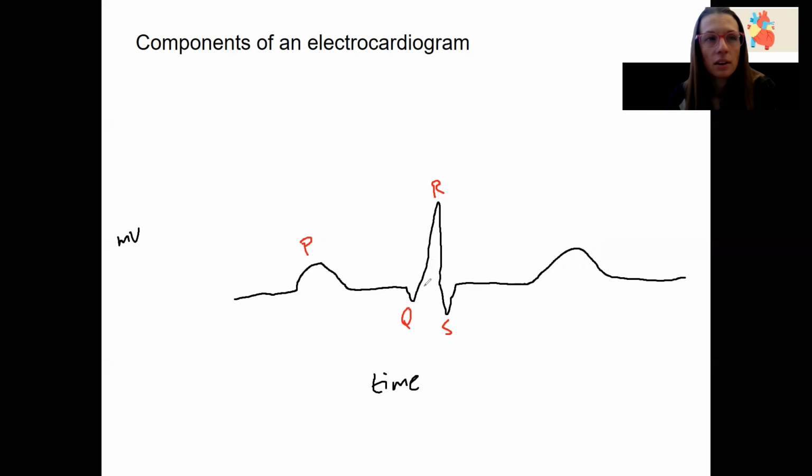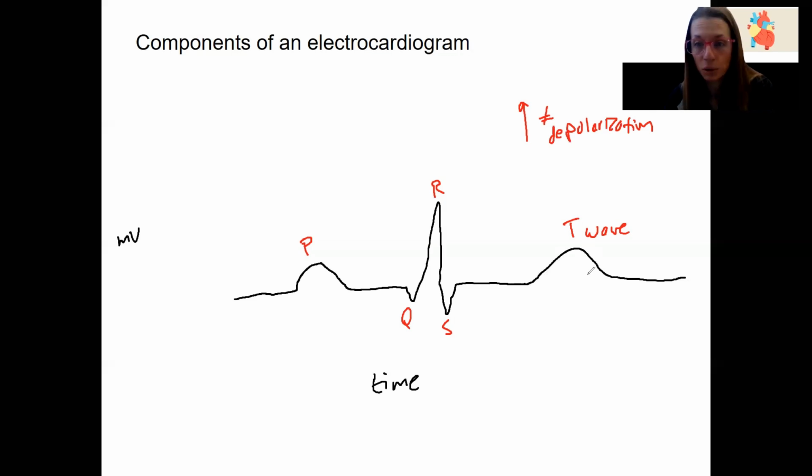And then we've got our T wave. This is going to be repolarization of the ventricles. So it goes up like that, right? Upward deflection does not equal depolarization necessarily of anything. In this case, the cells are repolarizing, but that signal is a positive deflection.